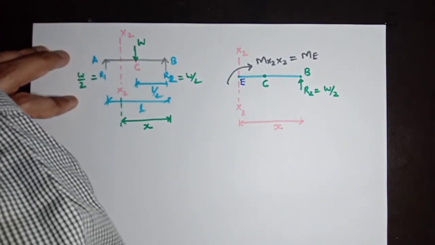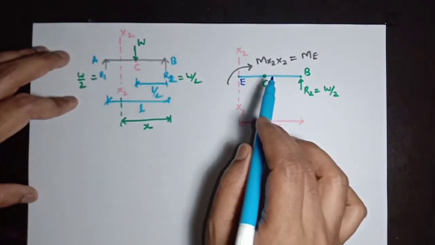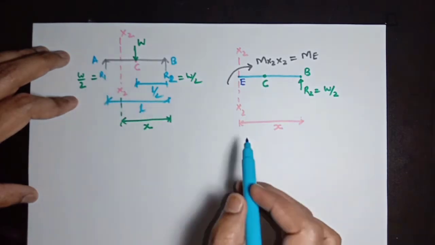So we are going to derive a general expression for bending moment at a section x2 x2.